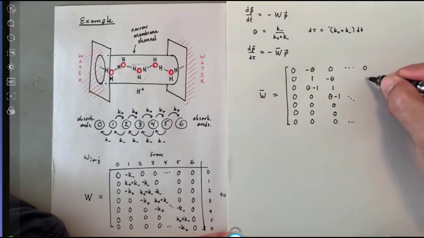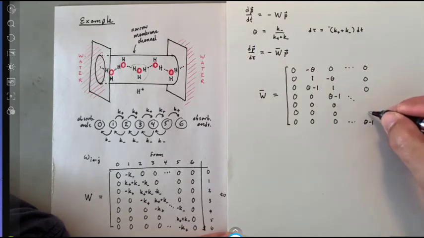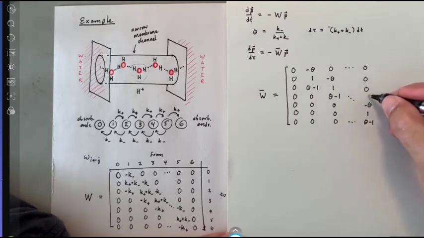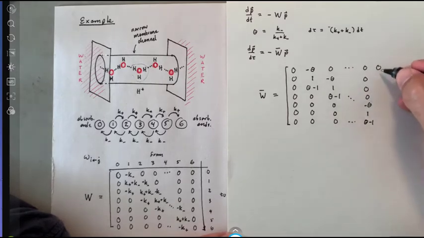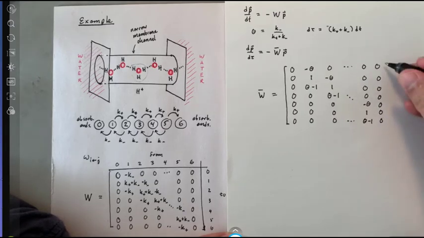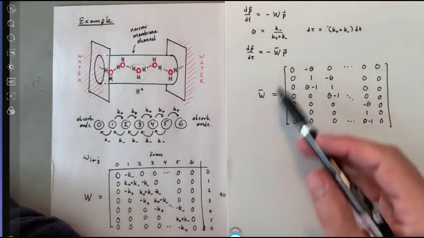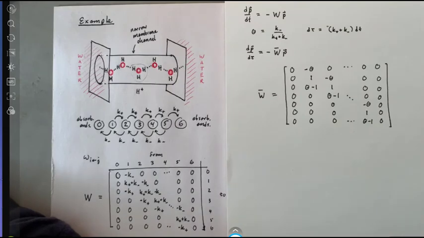Then we have 0, 0, 0, theta minus 1, 1, minus theta, and a 0 here. And then we have our state 6, which doesn't go anywhere, the absorbing state at the end. And that's our W matrix, now non-dimensionalized. This is going to be nice and convenient for doing numerical work on this problem.